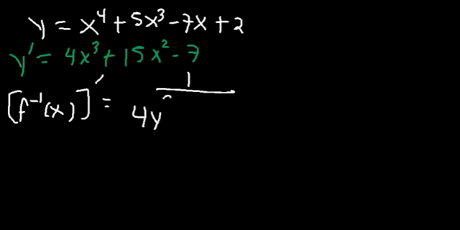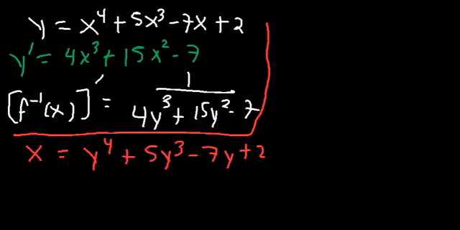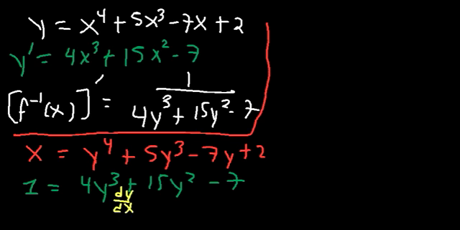So 1 over 4y cubed plus 15y squared minus 7. So now let's confirm it with implicit differentiation. So first, switch x with y. So x is equal to y to the fourth plus 5y cubed minus 7y plus 2. Differentiate both sides with respect to x. So you get 1 is equal to 4y cubed plus 15y squared minus 7. And I forgot dy dx, but let me add it here.